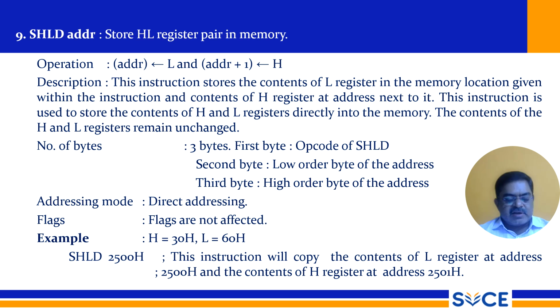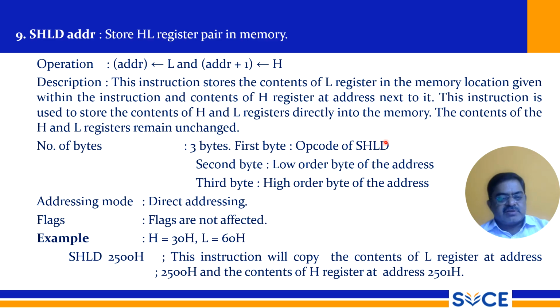SHLD, it is another very important 2 mark question, students. SHLD stores the HL register pair in memory. The first byte is in L, and the next byte is in H. This instruction stores the contents of the L register in the memory location given within the instruction, and the contents of the H register at the address next to it.